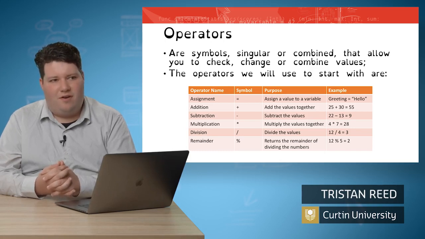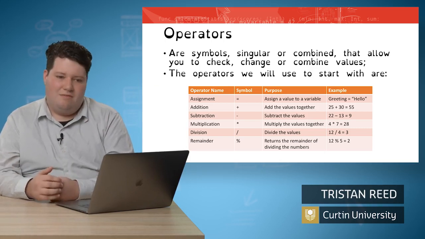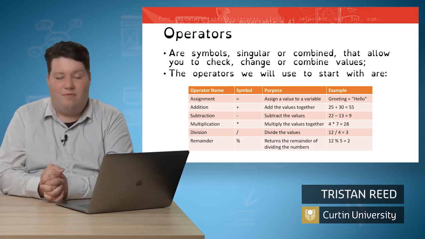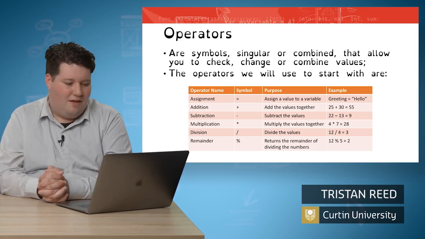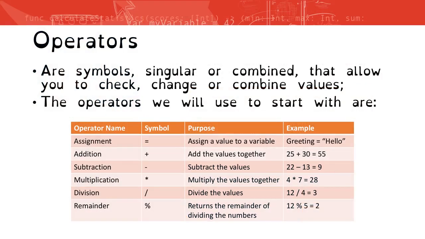So perhaps if we've got 2 different numbers, say 10 and 2, we can add them together. As we can see here, we've got 25 and 30. When we add them together, we get 55. We have a subtraction operator, so 22 take 13. We have multiplication. 4 sevens are 28 if we remember our times tables. We also have division. 12 divided by 4 is 3.